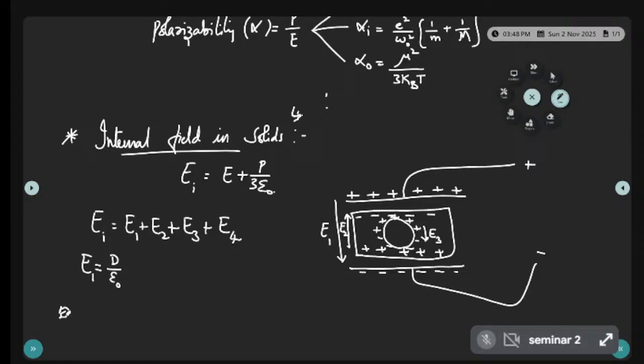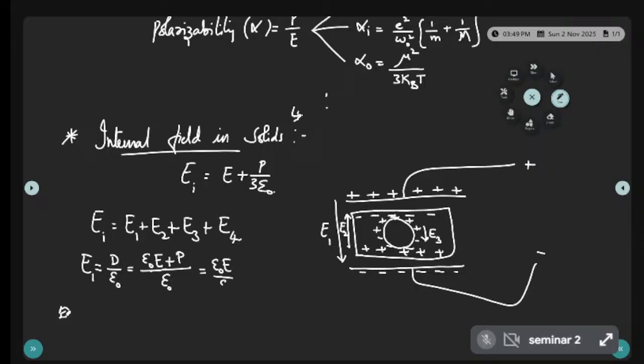E1 is equal to what? D by epsilon naught. But what is D? Just now we saw. D is equal to epsilon naught E plus P. So D by epsilon naught, I can write or not? Already we have seen this derivation. So if you simplify, what will come?